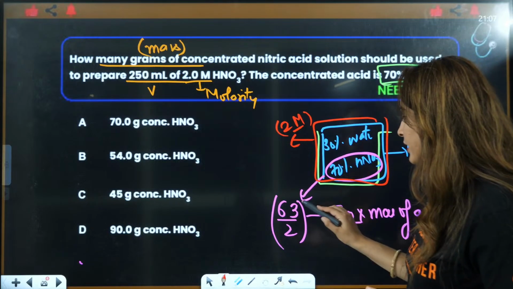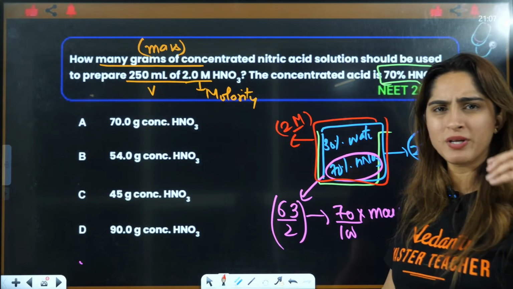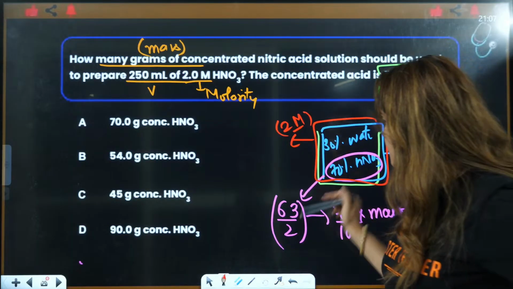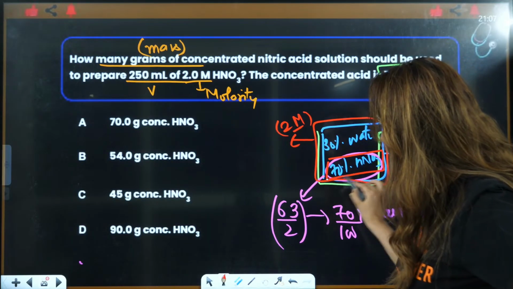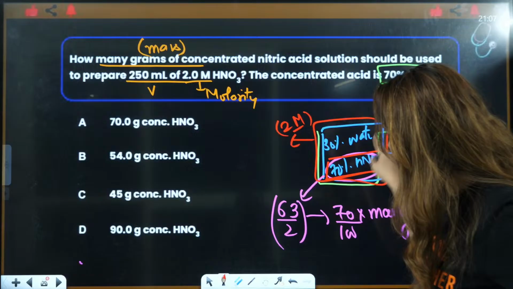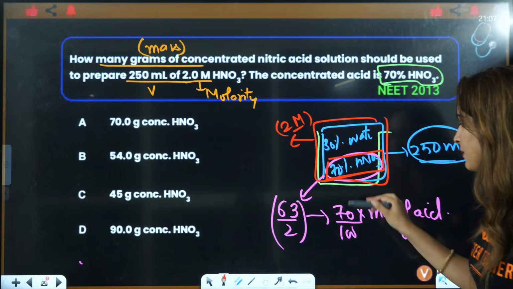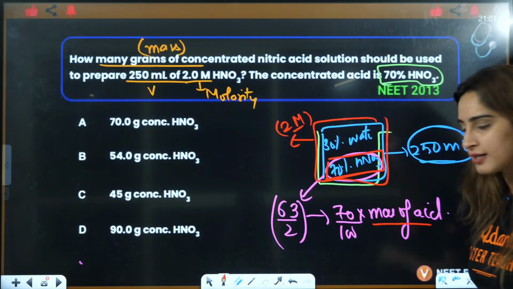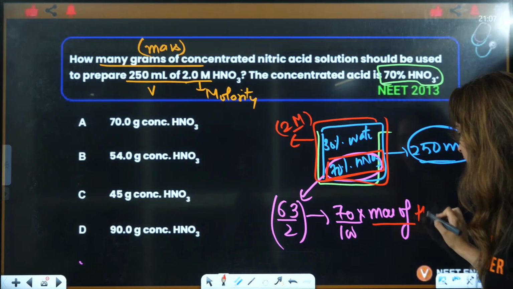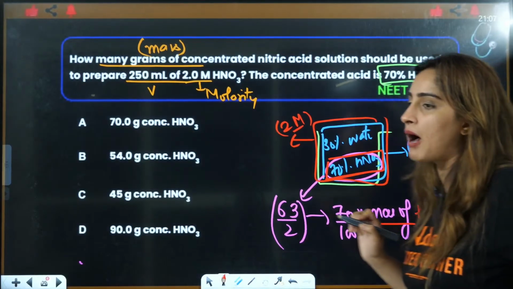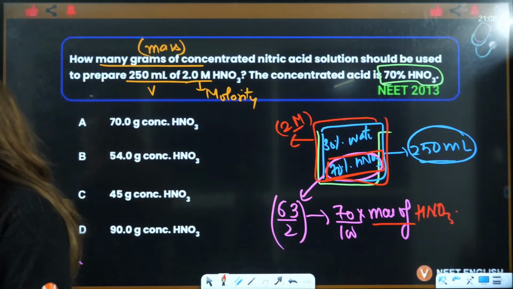Firstly, we have calculated the mass, which is coming out to be 63 by 2. Now, this mass that I have calculated was nothing but 70% of the mass of acid, that is, the mass of HNO3. That's what I have written. And that's how I can calculate the mass of HNO3. Is that clear to everybody?